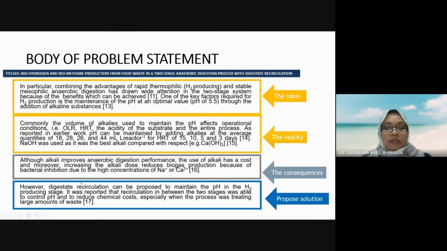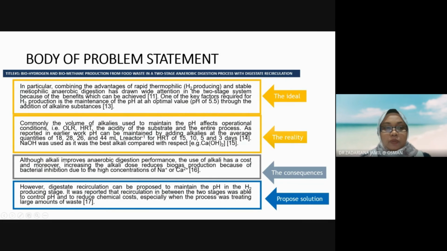Then what is the proposed solution? However, digested recirculation can be proposed to maintain the pH in the hydrogen producing stage. It was reported that recirculation in between the two stages was able to control pH and to reduce chemical costs, especially when the process was treating large amounts of waste.